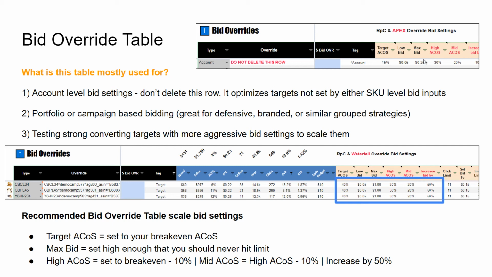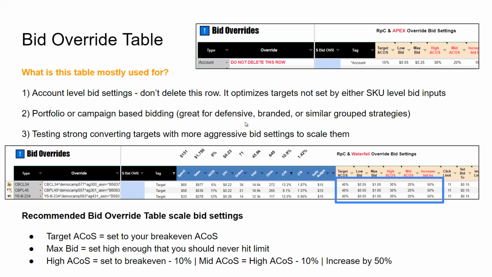So the more common way to use this though is, again, to get high-performing targets, high-performing portfolios, high-performing campaigns. You can group them up different ways, but get those things on the bid override table, and we go over in other videos how to actually do that, and I'm going to go into a few more examples on the next video, so check that out. But just know that portfolio bidding is really great, especially for defensive, branded, or if you have similar grouped, strategic based campaigns.